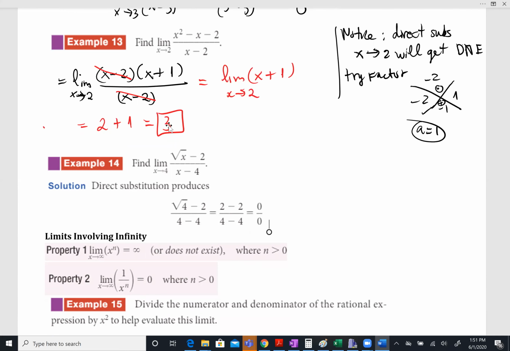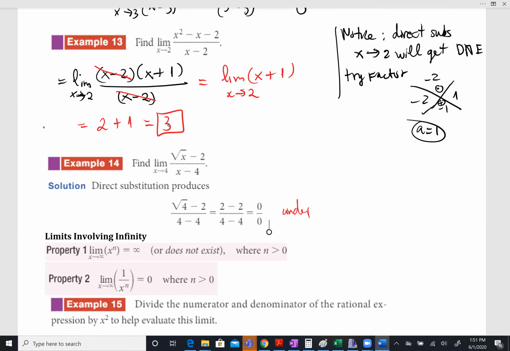In example 14, I have the limit of (square root of x minus 2) over (x minus 4) when x goes to 4. If I use direct substitution, it gives me 0 over 0, which is undefined.